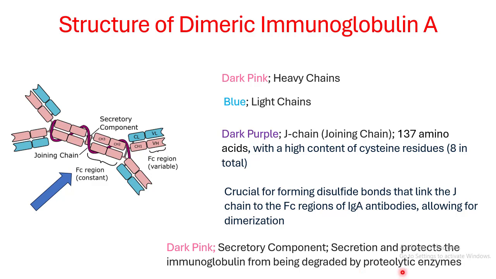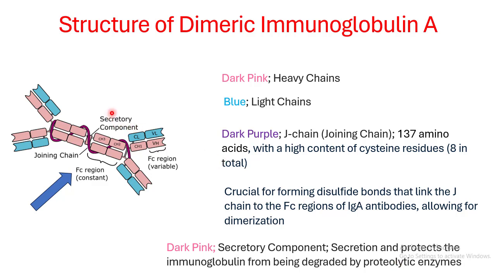For example, if you talk about the gastrointestinal tract, a lot of proteases are there, and they have the ability to break down proteins like the immunoglobulin. So the secretory component is actually preventing the proteolytic degradation by these enzymes, and hence the secretory immunoglobulin A, or the dimeric immunoglobulin A, is protected from them.